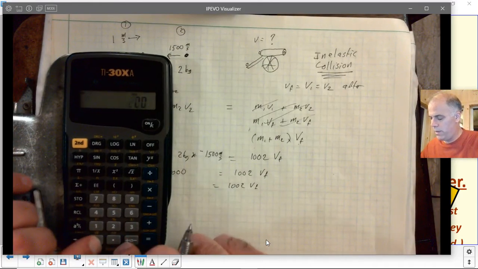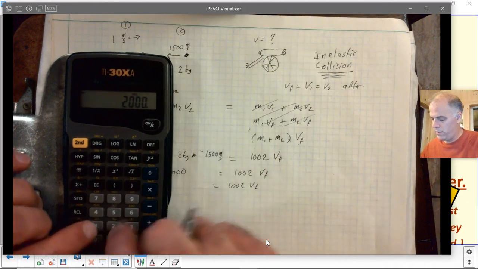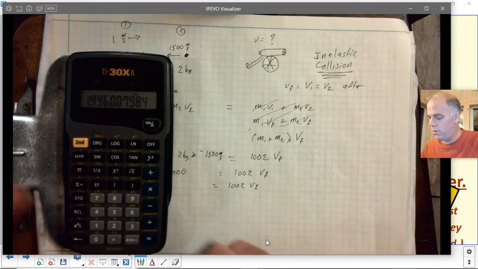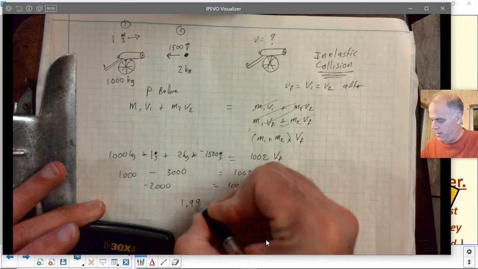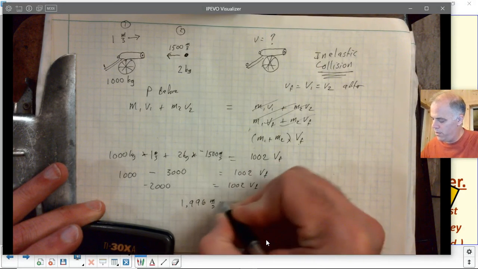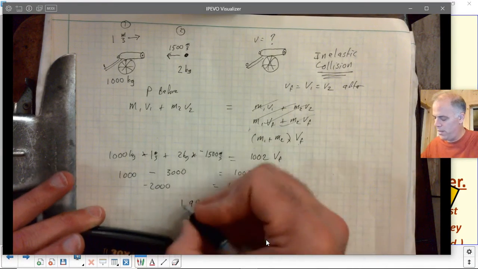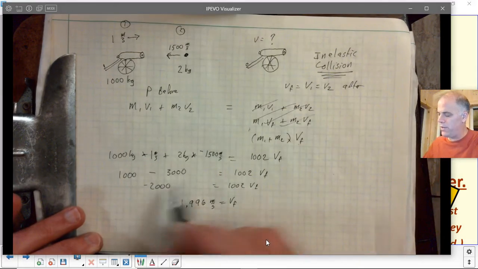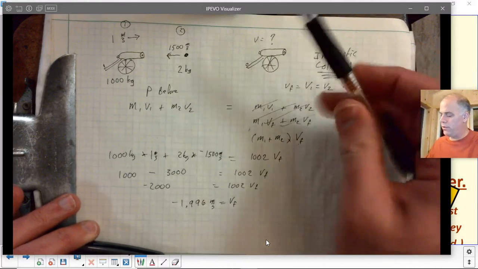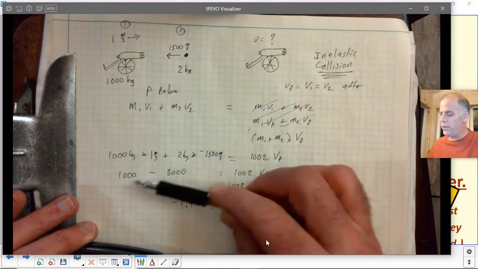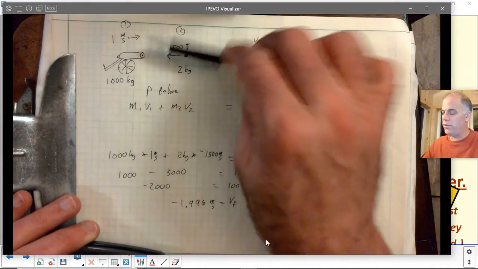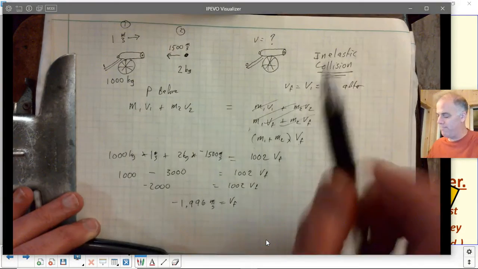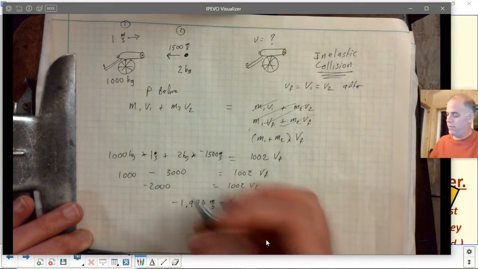So we get 2,000 divided by 1,002, and we get 1.996 meters per second equals the final speed. And it's going to be a negative number. It turns out that the ball has more momentum than the cannon itself. So it actually hits the cannon and pushes a 1,000-kilogram cannon backwards a little bit. And that's the answer.